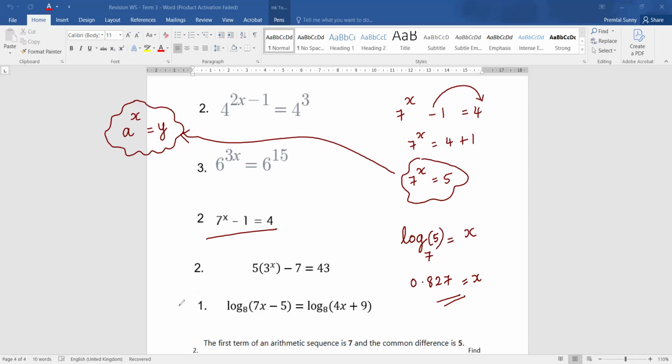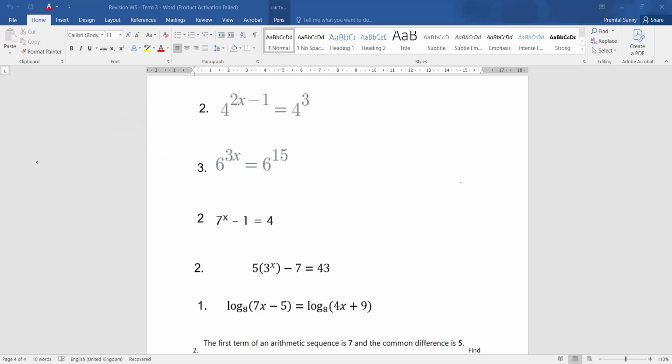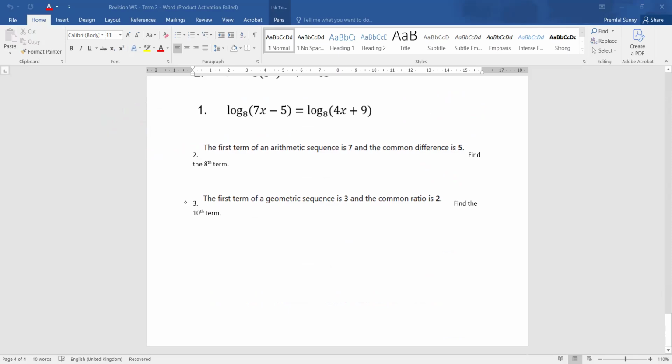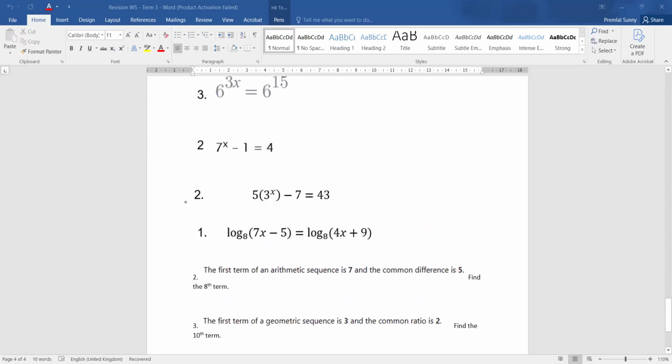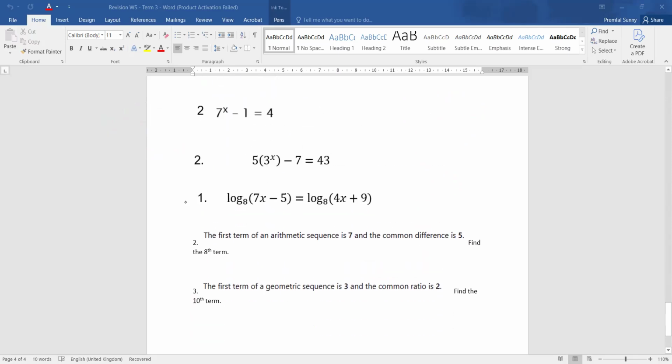Now, let's quickly move on to the next question here. Let's check how many questions more we have. Okay, so we have the next question here: 5 times 3 to the power of x minus 7 is equal to 43.